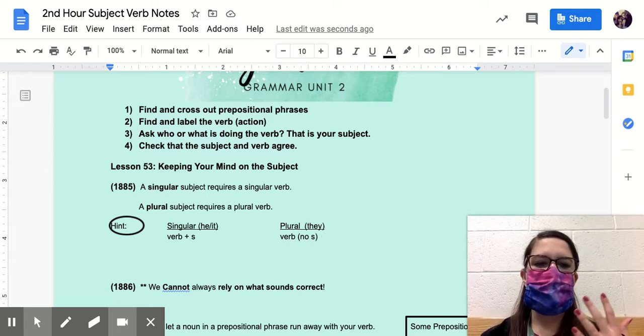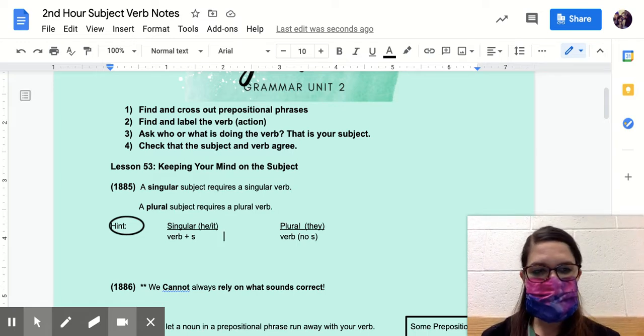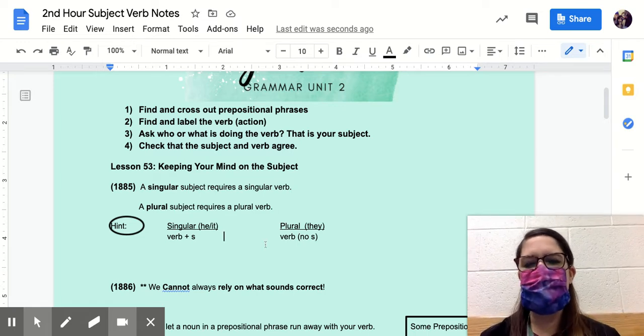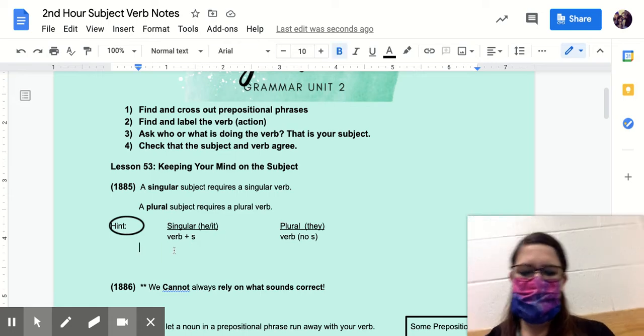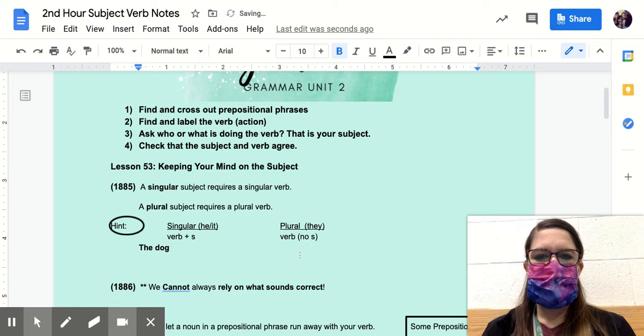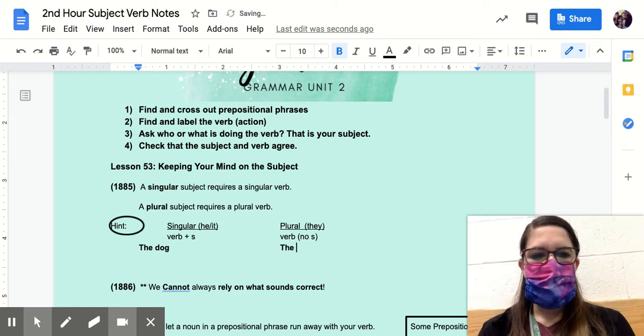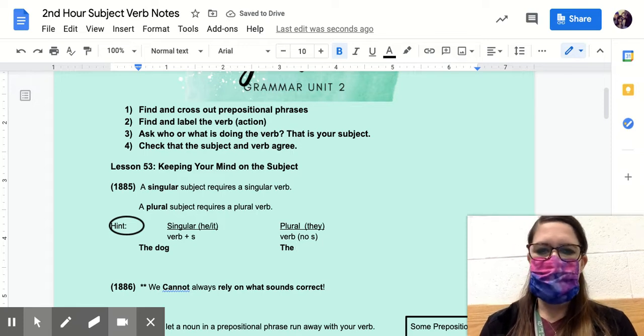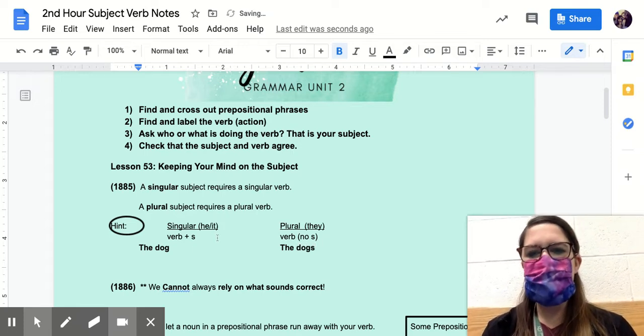When we're talking about nouns or things and we make them plural, we add S's to them. So this can kind of confuse us. So, for example, we'll talk a very simple sentence, the dog. If it was plural, how do we make dog plural?